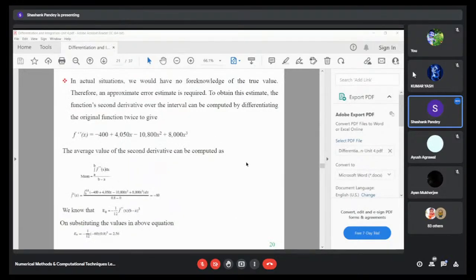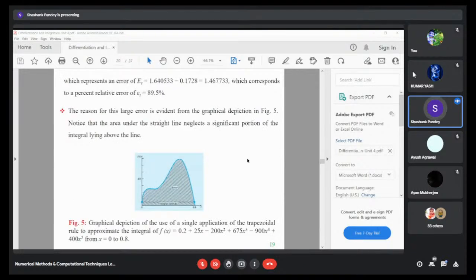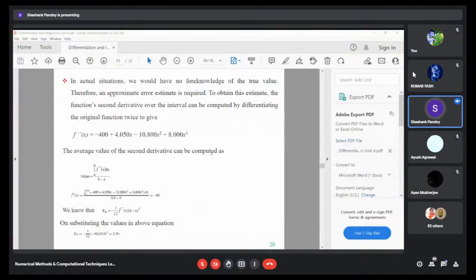Now one more term was introduced, that is the approximate error. So now let us compute the double derivative of the previous function, f of x. The double derivative is minus 400 plus 4050x minus 10800x square, and so on.